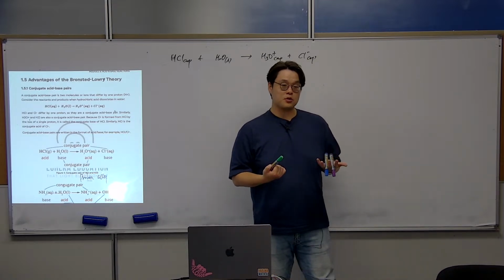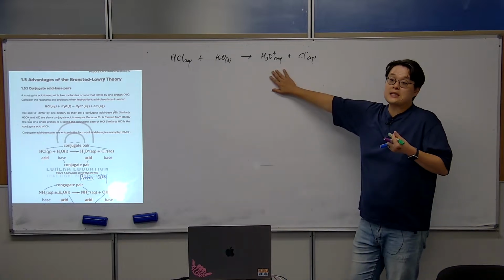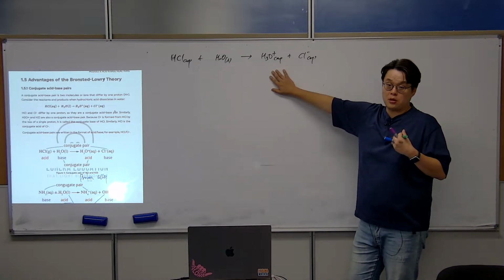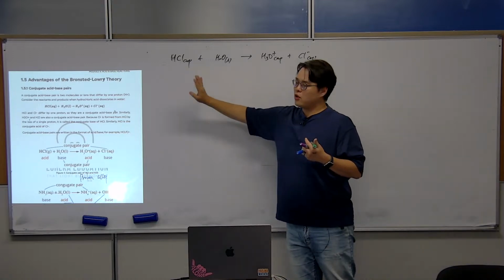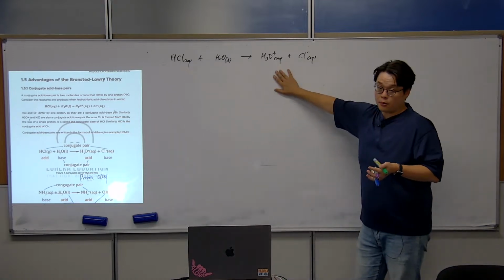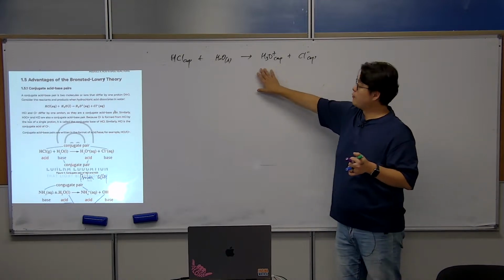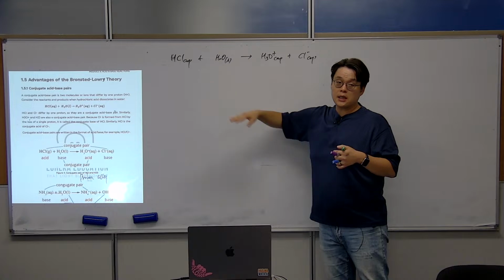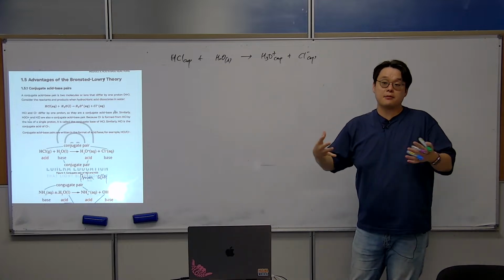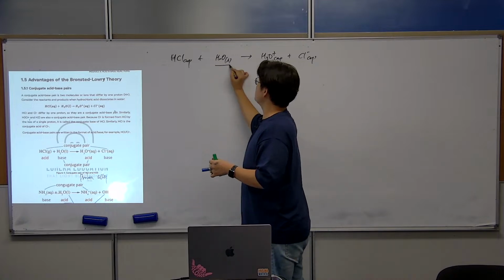So how do we know the proton donor and acceptor? We look at the product and see which donates the hydrogen and which accepts it. Even if you didn't know hydrochloric acid is the acid, you see on the product side the H3O+ from H2O, so it's clear that the water accepted that hydrogen ion. This is how we define the base. This is working as the base.